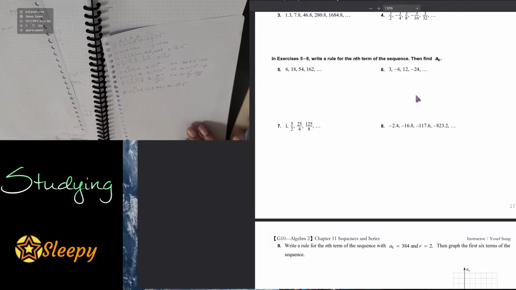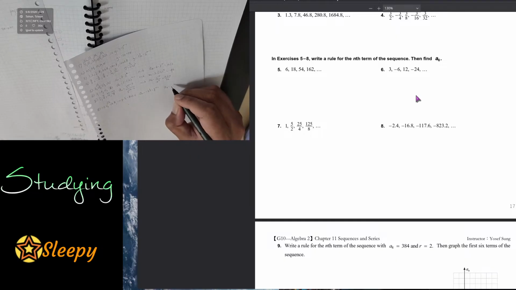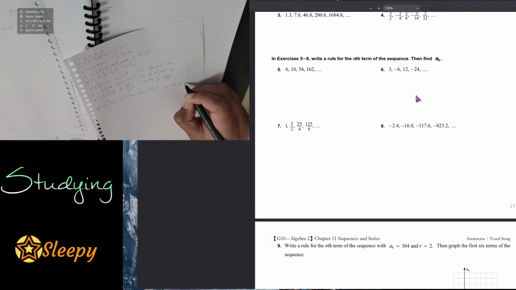And then the final one, a_6 is minus 2.4 times 7 to the power of 5, which is a usual calculator kind of stuff.